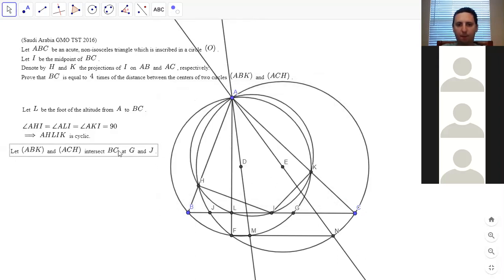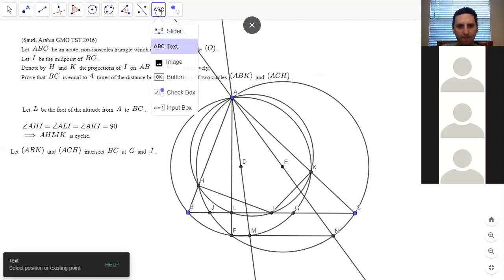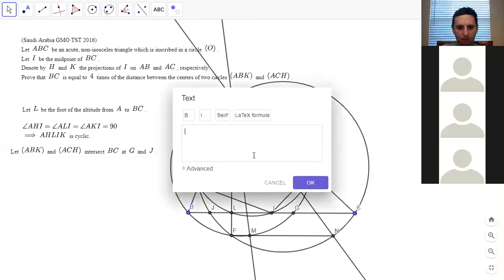So then we have CG times CB is CK times CA, which is equal to CI times CJ, which is equal to CB over 2 times CJ.